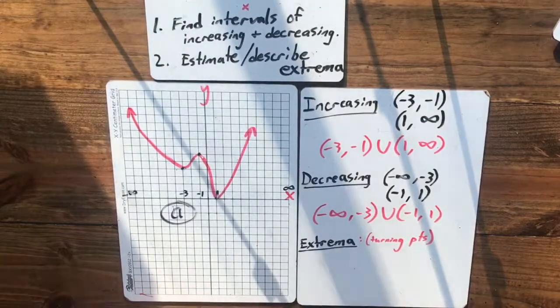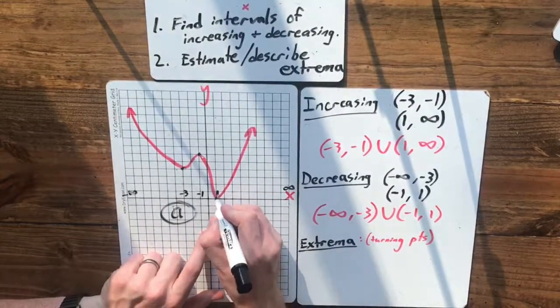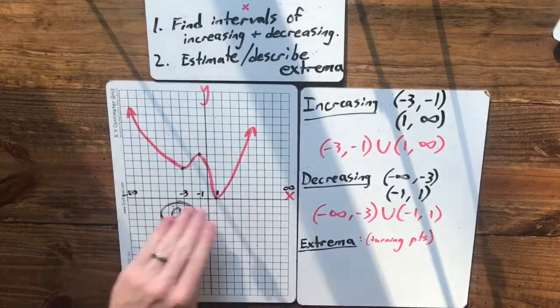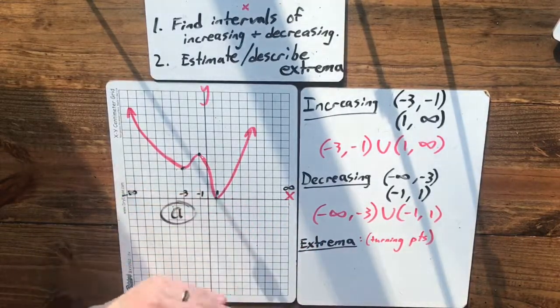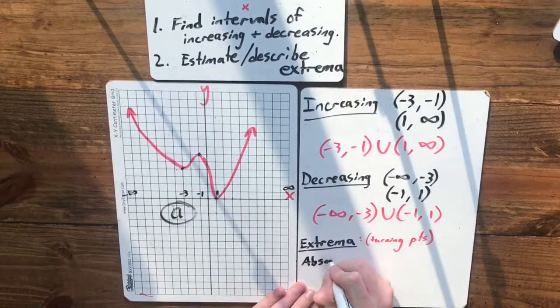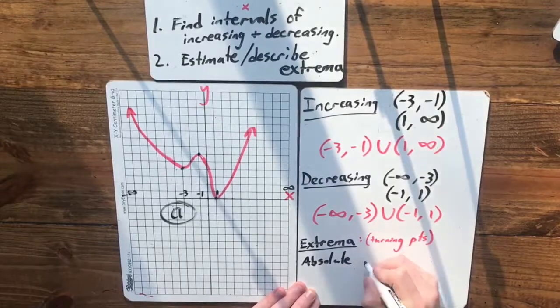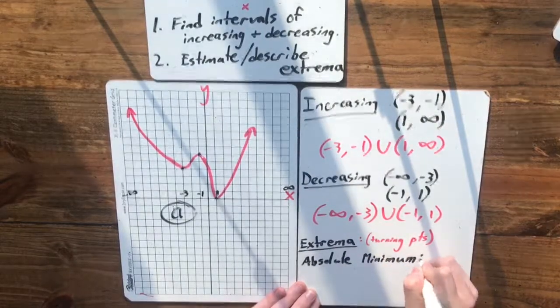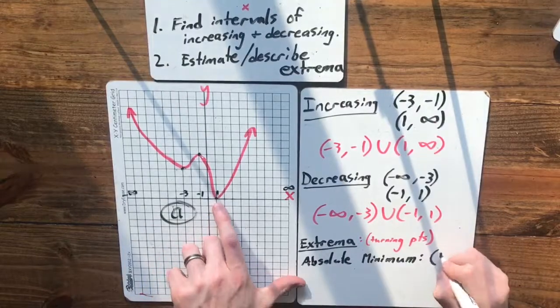Notice that this point right here, this turning point, is the lowest point on the entire graph. Nothing gets below this point. So we have an absolute minimum at that point (1, 0).